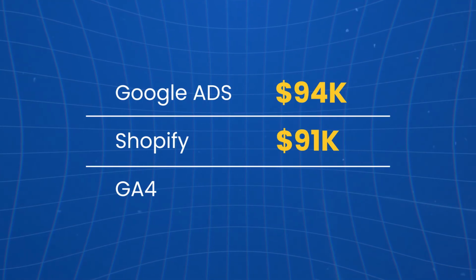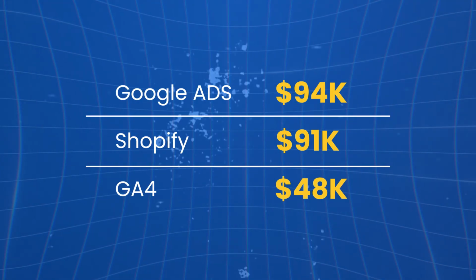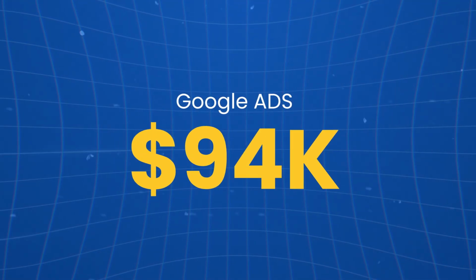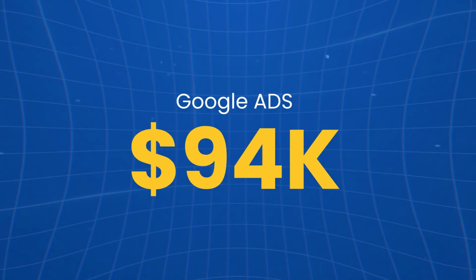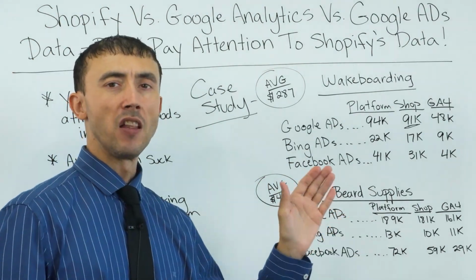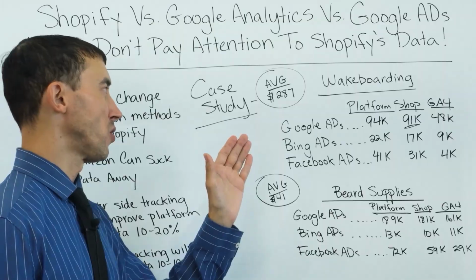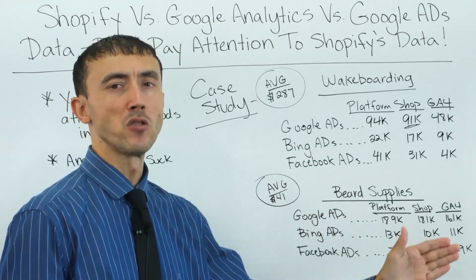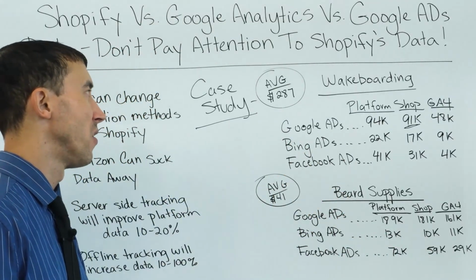And with that, you're going to have 48K worth of sales compared to the 94K in sales that we had showing in Google Ads. So it's a huge difference in the data from Google Ads versus Google Analytics 4, and Shopify versus Google Analytics 4 as well.